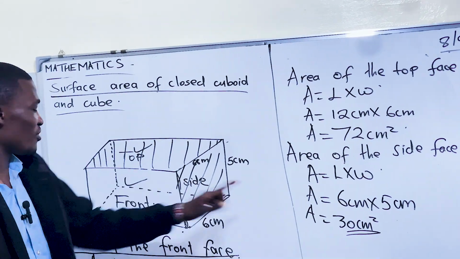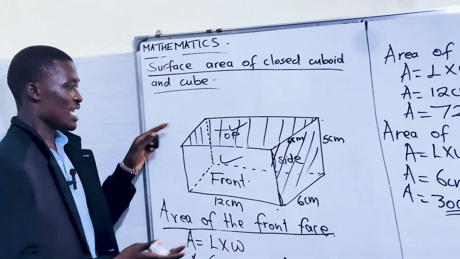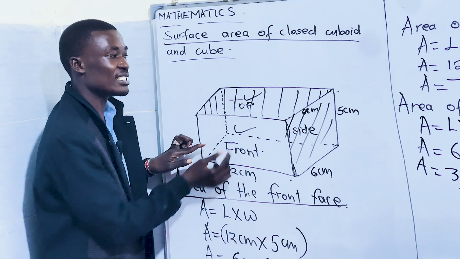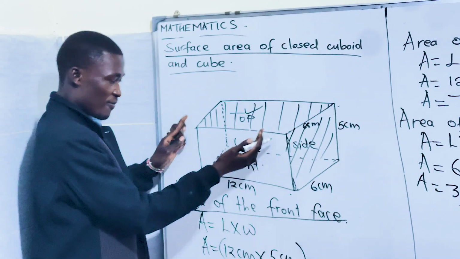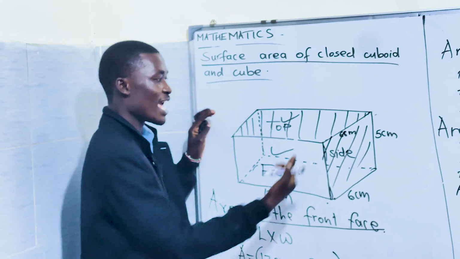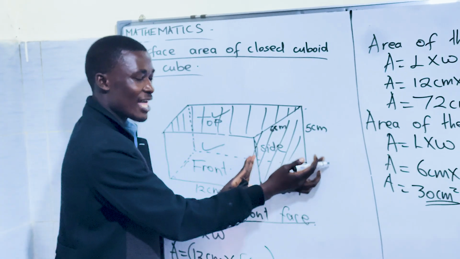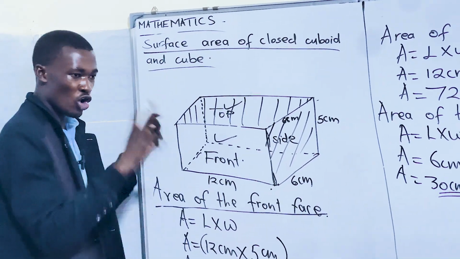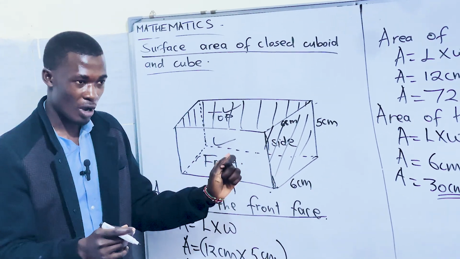Now, we have the area of the three faces, and remember we said that this top part here has another face that is equal to it at the bottom. The front part has another face that is equal to it at the back. Then the side part has the other part that is equal to it on this other side. So they appear in pairs. Are we together?